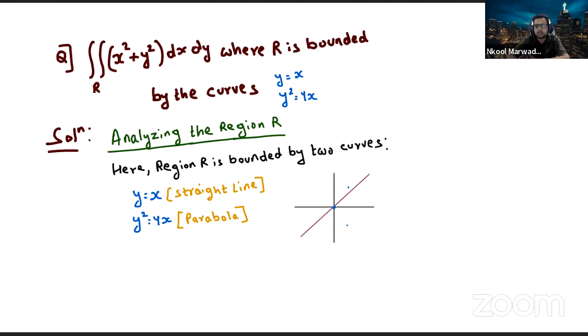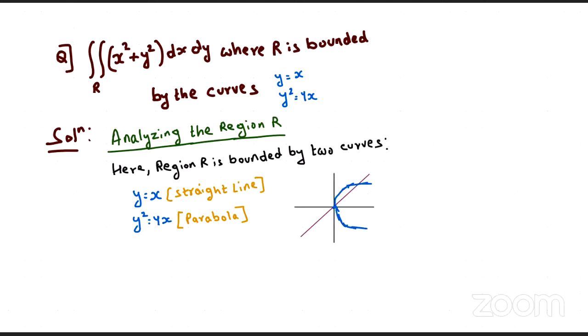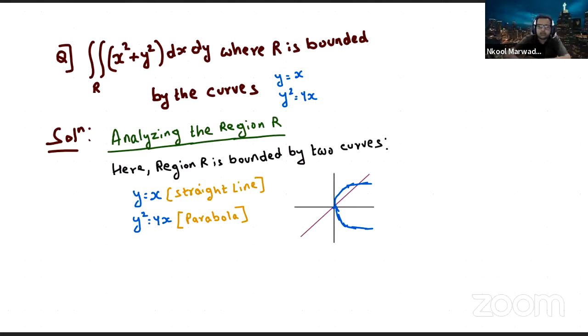And the intersection of this region, it is the region R, because this region R is bounded by two curves.